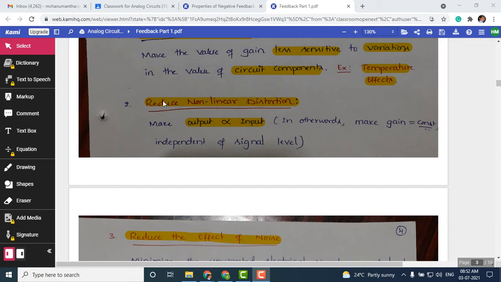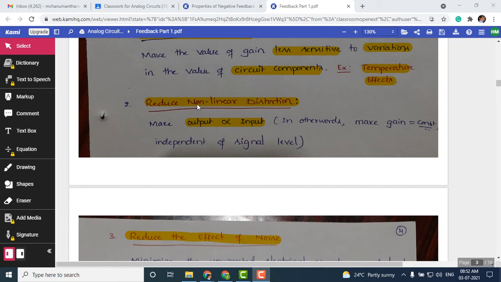Negative feedback also reduces nonlinear distortions like harmonic distortions. Usually in the output, the waveform replicates the fundamental frequency. In order to reduce these repetitive frequencies of the fundamental frequency, we use negative feedback. That's called nonlinear distortion.